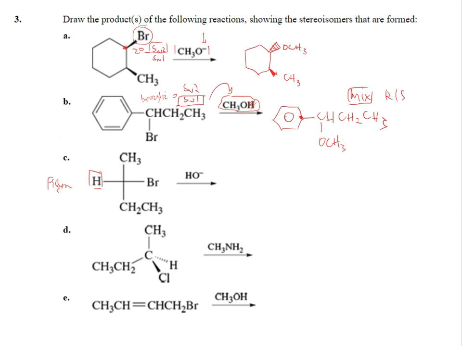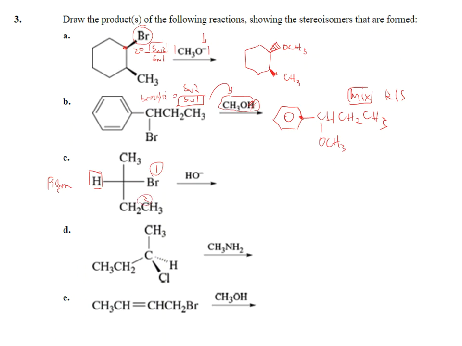Out of the three groups that are here, which one comes first? And you're going to tell me bromine. I know it is. And you're going to tell me why? You're going to say, because it has the higher atomic number. Okay, so there's bromine, group number 1. All right, then we go a carbon and a carbon. That's a tie. And then we move on to the next, and that's another carbon, and then that's a carbon, or nothing, that runs out.